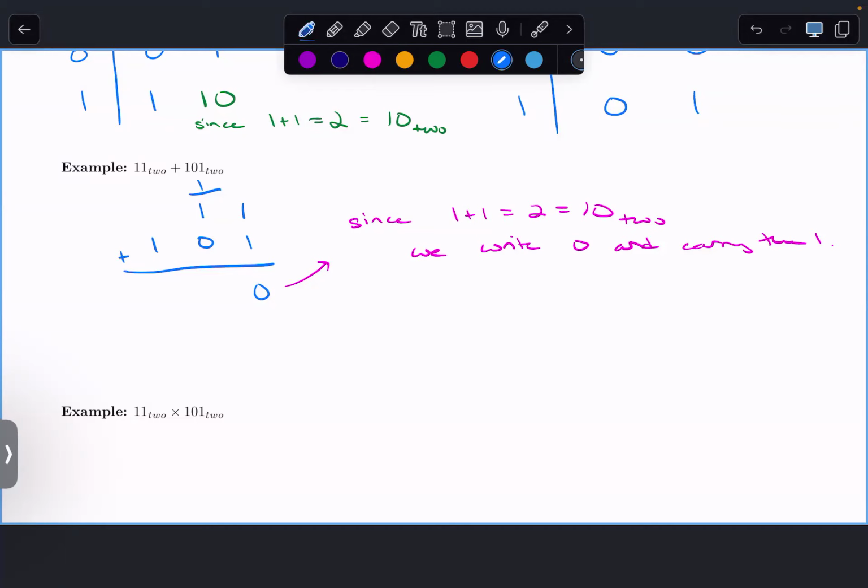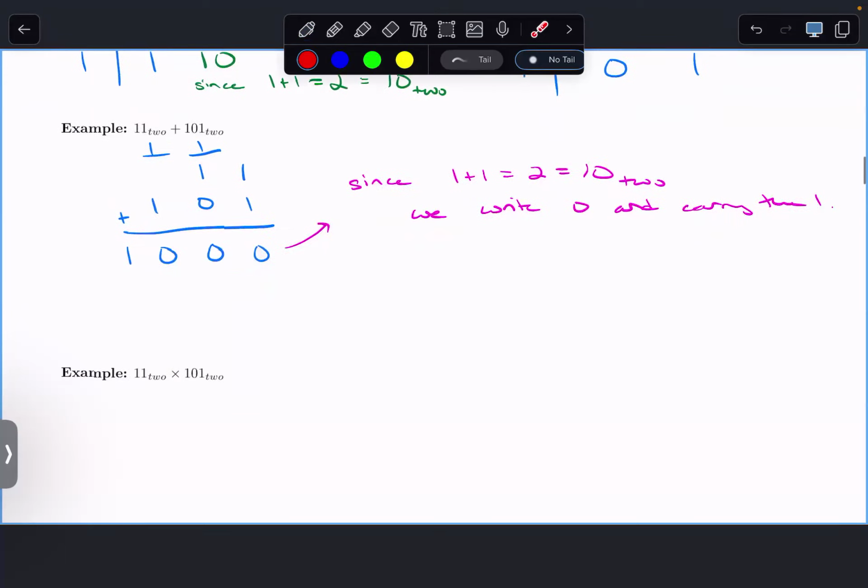After that, I have 1 plus 1 plus 0. That's fine. Now we know what to do here. 1 plus 1, again, is 1, 0. Not being lazy. Could have written this up here, carried it down. Nice.